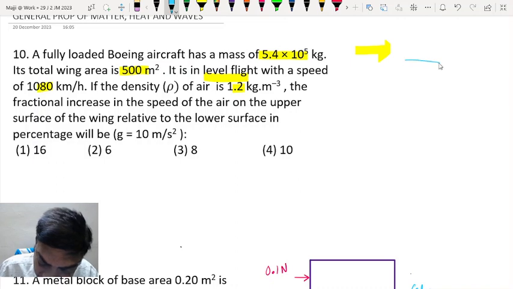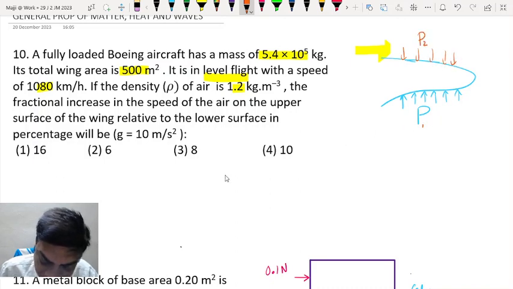So here, as you can see, there has to be a pressure at the bottom more than the pressure at the top. Only then the Boeing aircraft will get lifted up. So P1 has to be greater than P2.